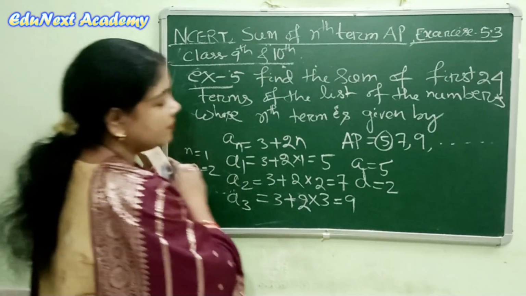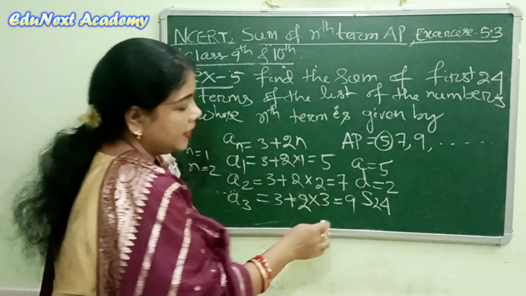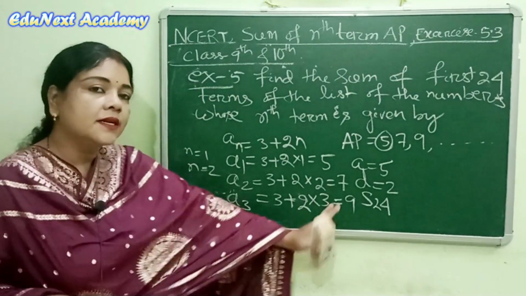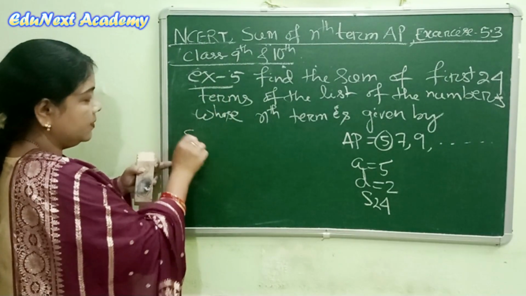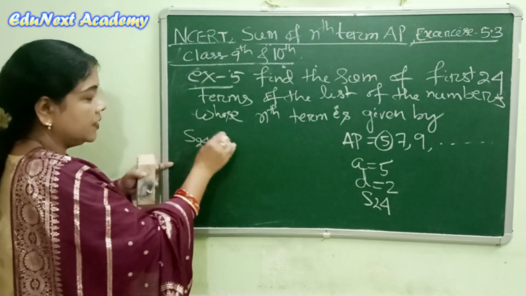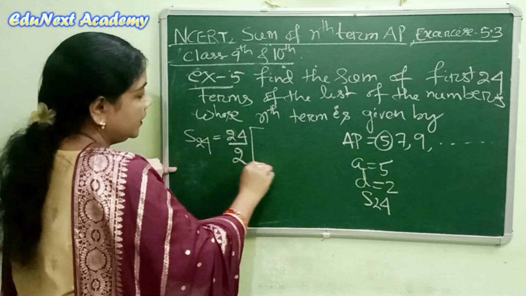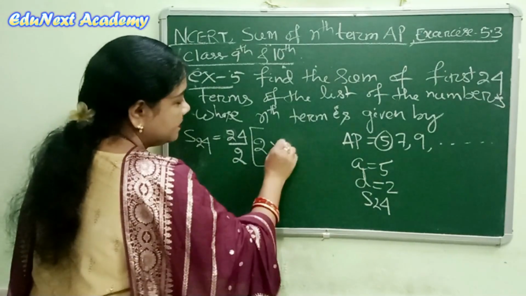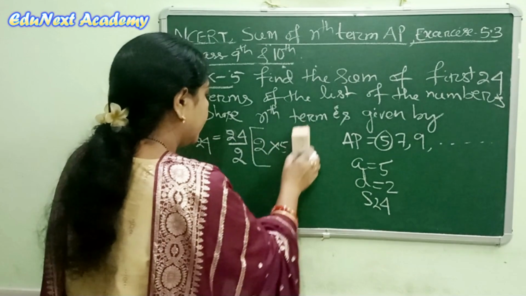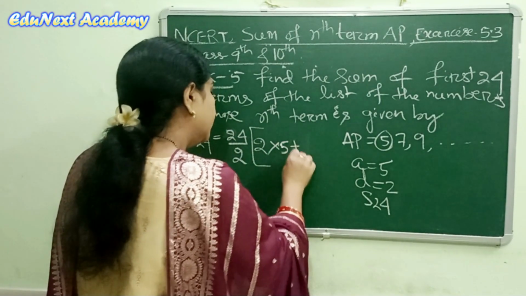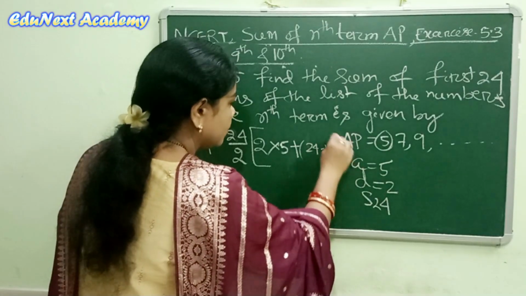Now we will find S24, where n is equal to 24. S24 is equal to n by 2, that is 24 by 2, into 2 into a, where a is 5, plus n minus 1, that is 24 minus 1, into d, where d is 2.